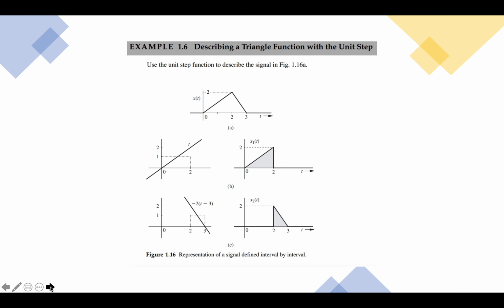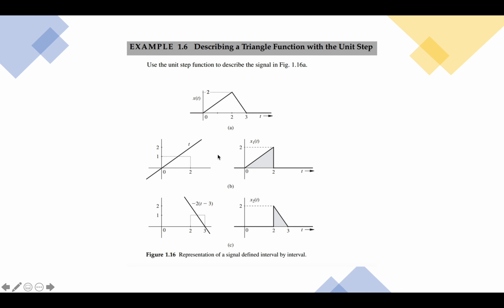The unit step function can also be shifted, so in addition to u of t, you can have u of t minus tau, where tau is some delay, meaning that the step function would turn on at some later time. So here's an example of a function that's shown, and we're asked to describe it using the unit step.